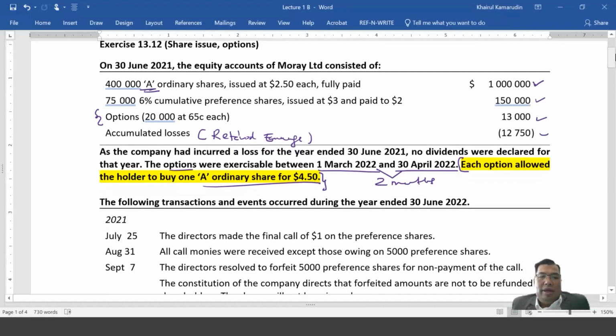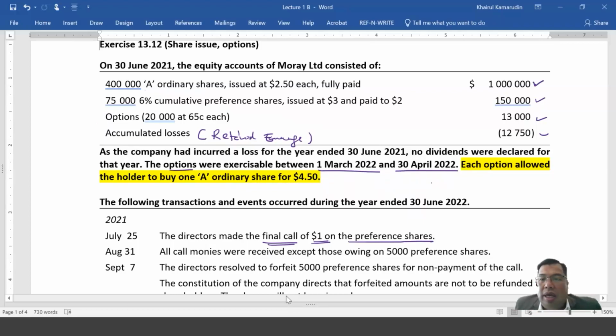Number one. On July 25th, the directors made the final call, meaning asking for money now for the $1 of the preference shares. They sign a letter calling for a $1 payment for the preference shares. The preference shares were issued at $3 but only paid $2, so there's a difference of $1.